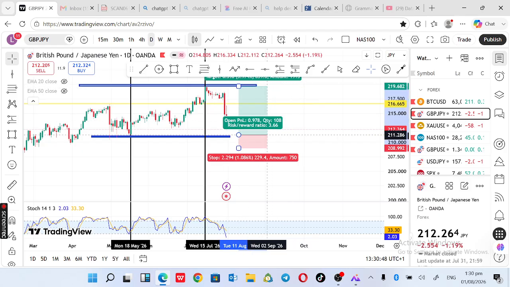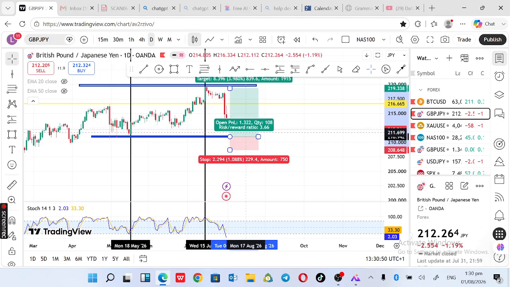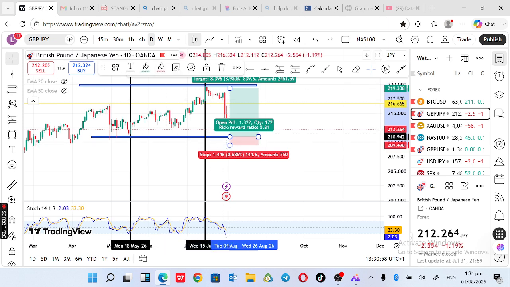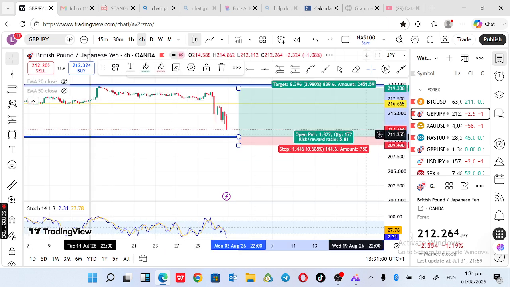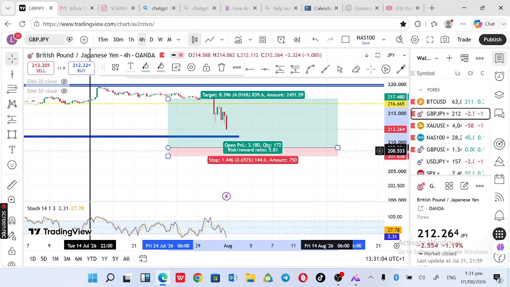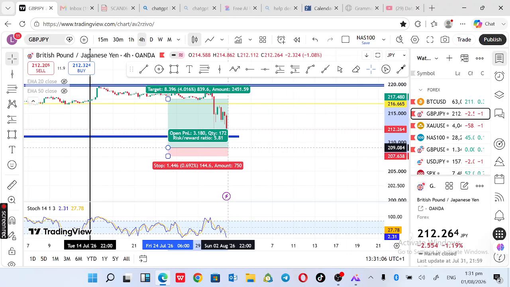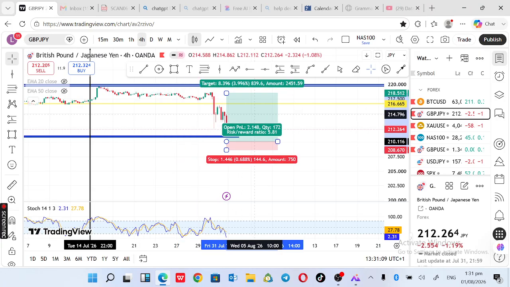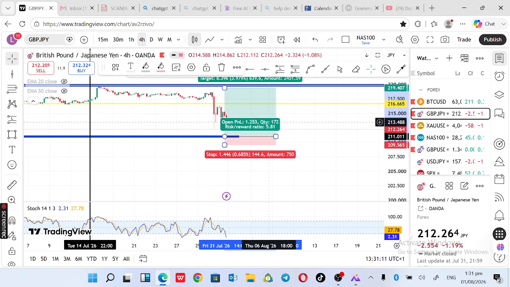So that is how you trade on a higher time frame that will give you a good possible entry. Now remember, when you're on daily, you have a very large stop loss. So let's go to 4 hour so that we can get a good stop loss.